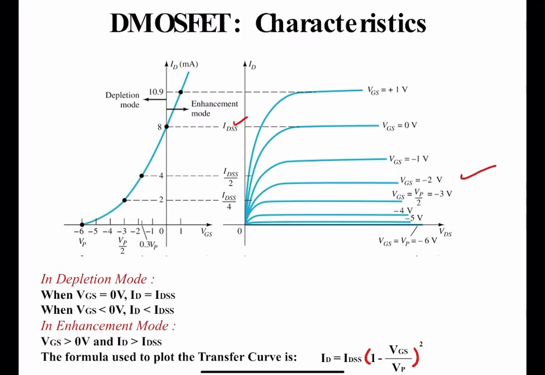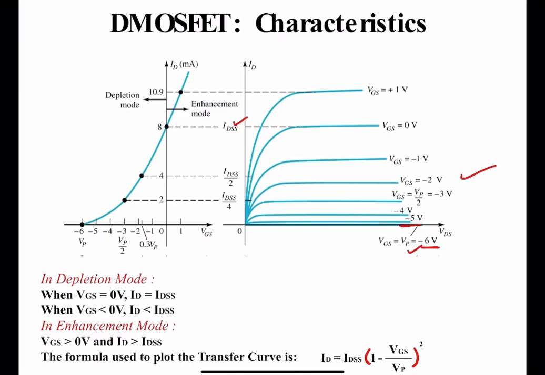At the value of VGS of -6 volt, drain current reduces to 0. This value of VGS is known as the pinch off voltage. Whenever VGS is made positive as compared to 0 volt, drain current increases in comparison with IDSS.